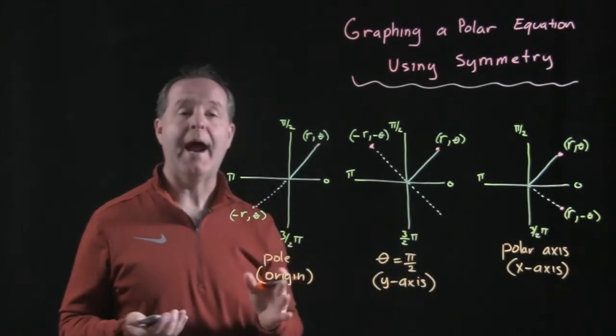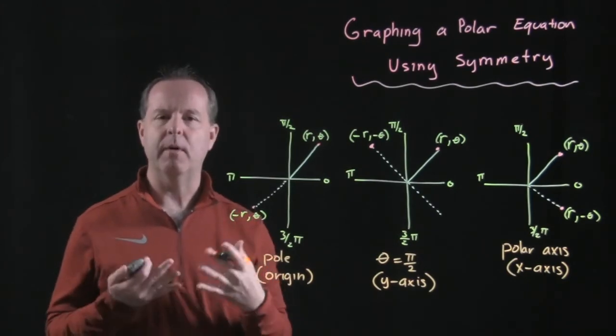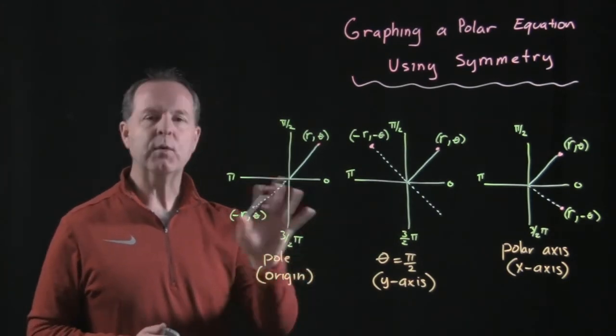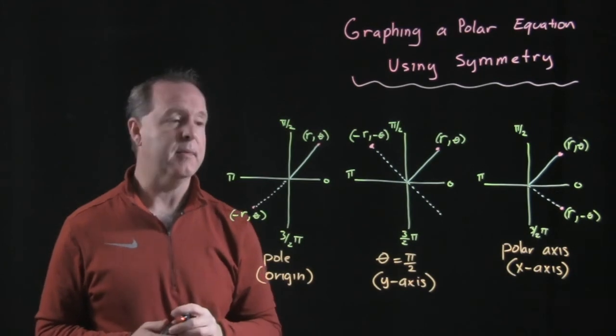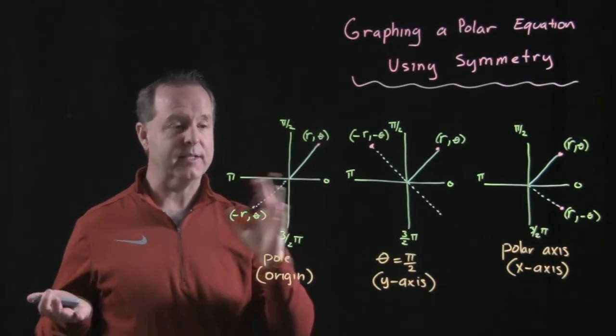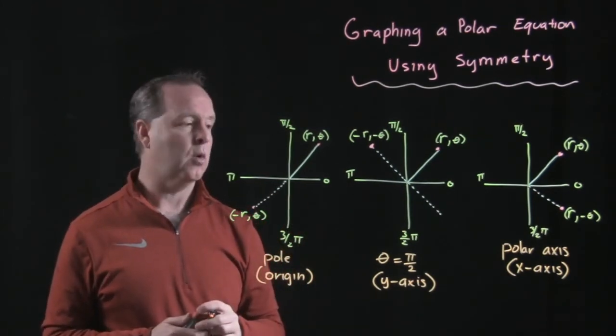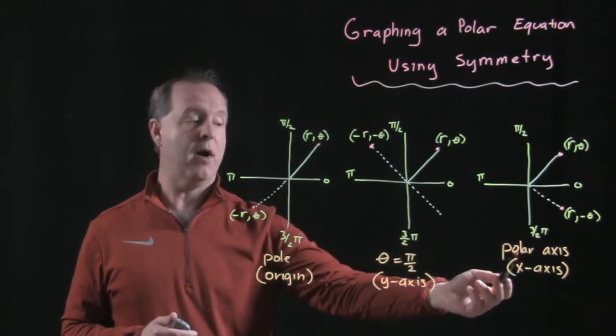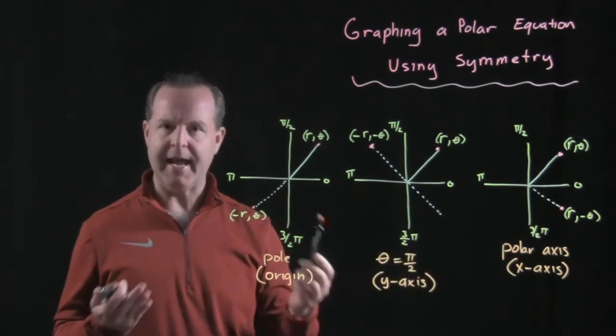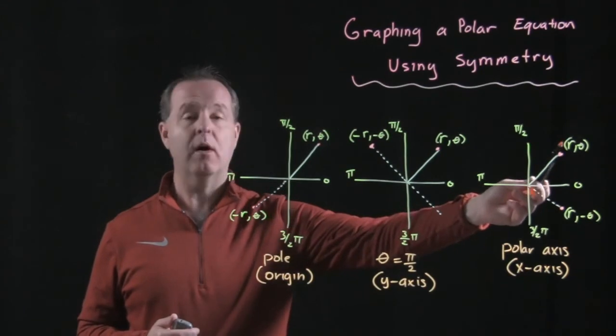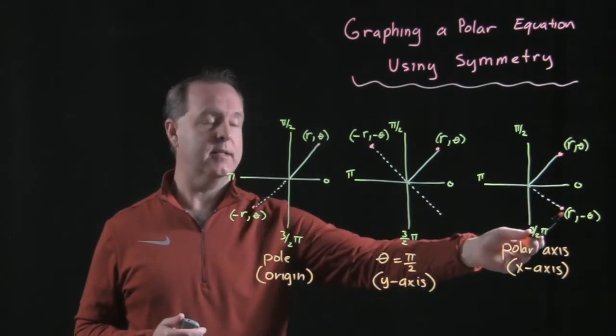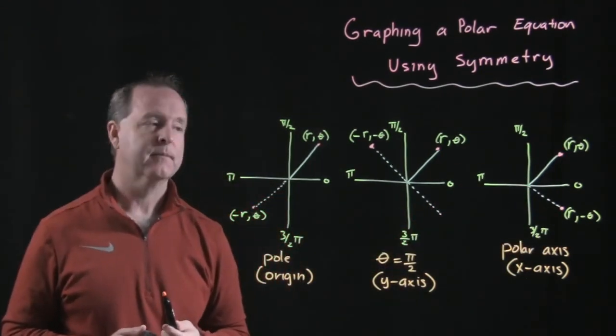Another way that we can graph a polar equation is with the help of symmetry. Now there's three types of symmetries that I want us to be aware of. The same three that we had in rectangular world are also in polar world. We have symmetry about the polar axis or the x-axis, where some r and theta corresponds to some r and negative theta.